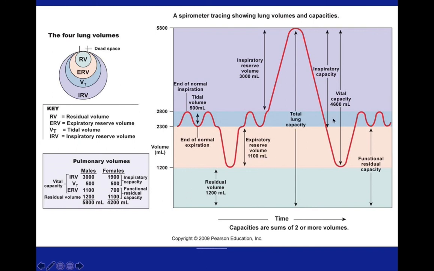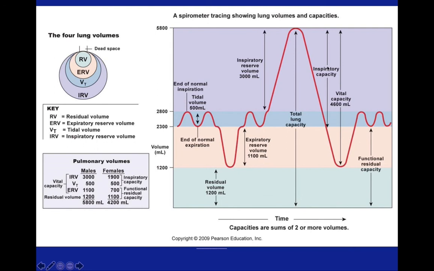Now you'll also remember the vital capacity took the IRV, the TV, and the ERV and just added those 3. You can see the vital capacity is the amount of air that can naturally come in and out of the lungs. We don't include the residual volume in this because the residual volume can never be exhaled. It will always remain in the lungs. We will in fact have an inspiratory capacity and a functional residual capacity as well.